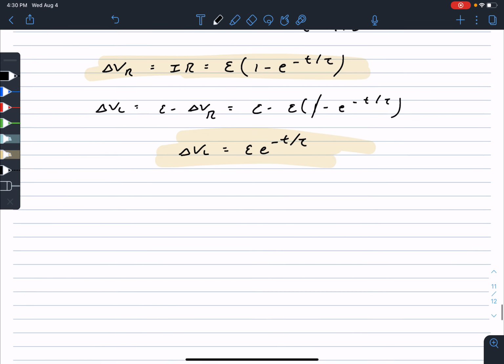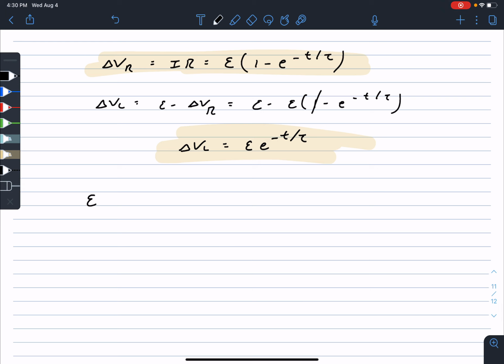We need to recall that we have this relationship, which is where we pulled some of these from. Once we find the values for these two things, we can figure out the total EMF.